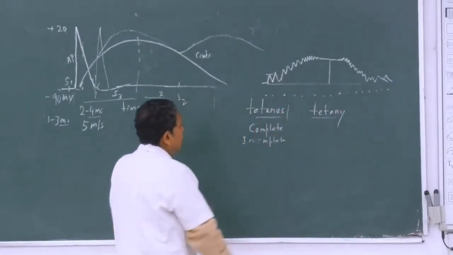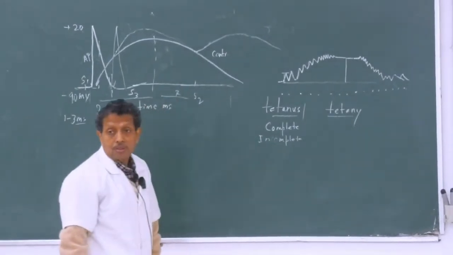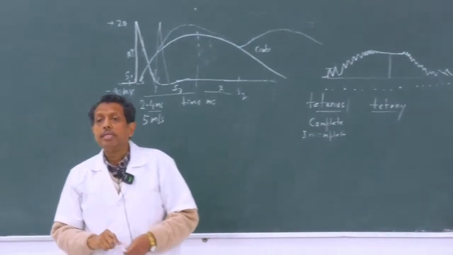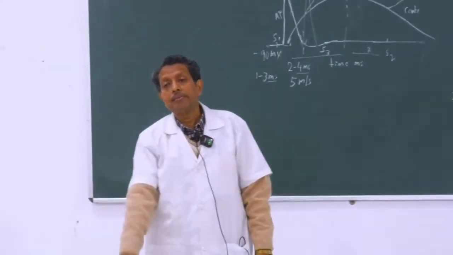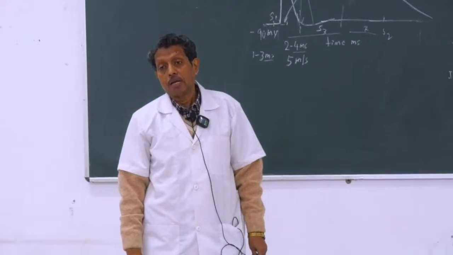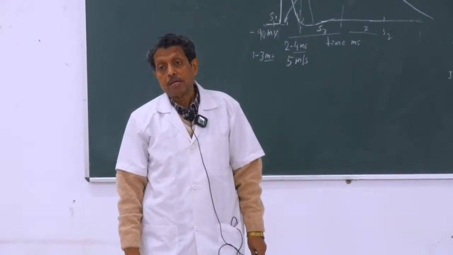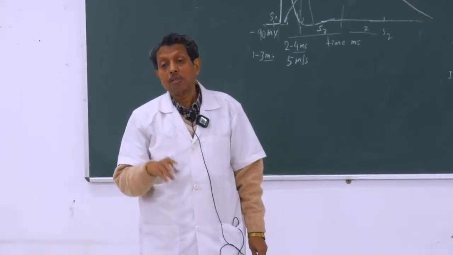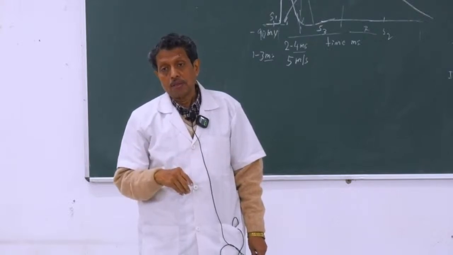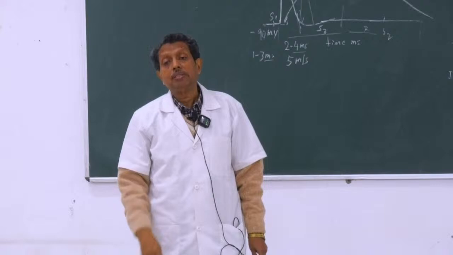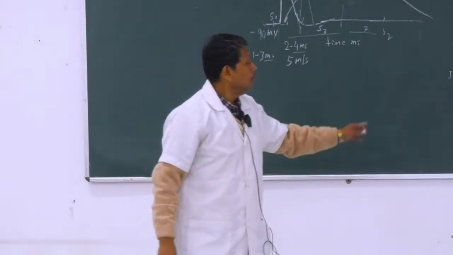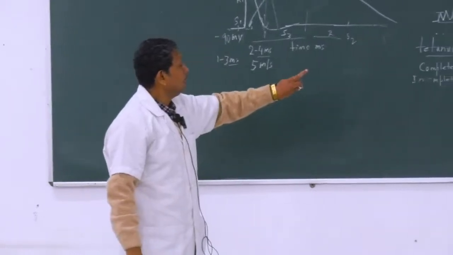It is different from this: tetanus is the summation of contraction, and tetany is the increased excitability of skeletal muscle due to fall in the ionic calcium. It happens whenever there is a fall in parathormone concentration after parathyroidectomy. Clear? This is different. And this is called summation of contraction or tetanus.